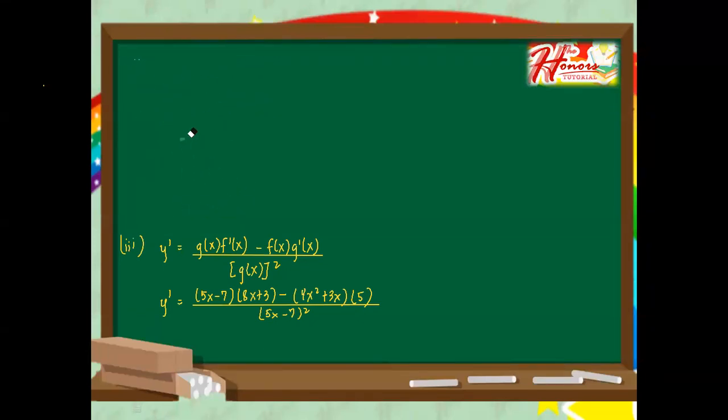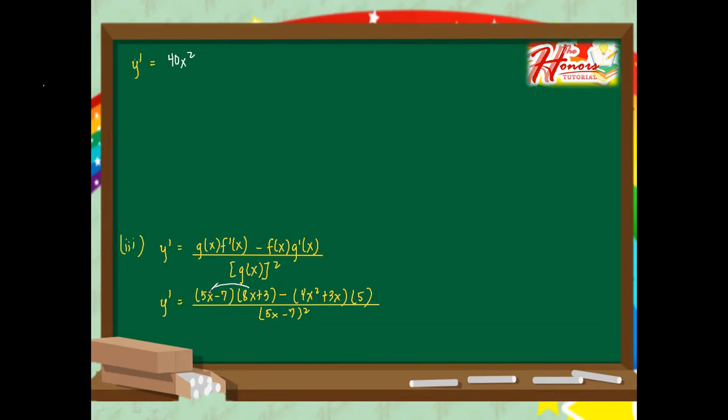Now let's continue solving. Let me just remove this part for you to still have the given for solution 3. Let's continue. So this is y prime is equal to 5x times 8x, so that is 40x squared, because 5 times 8 is 40, and then for the exponent that is 1 plus 1, so that's 2.